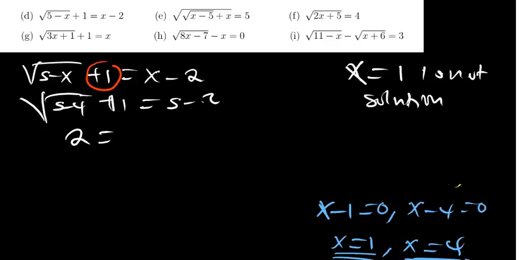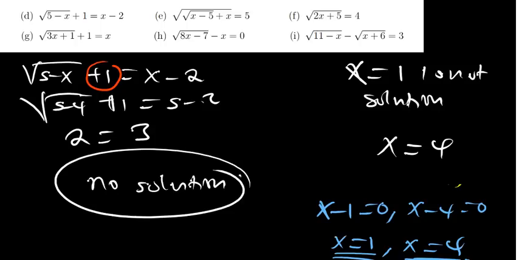Here I'm going to have 3. Is 2 equal to 3? So again, x is equal to 4 is not the solution for this equation. Therefore, this equation has got no solution, because if I plug in x is equal to 1 and x is equal to 4, it's not giving me the answer.